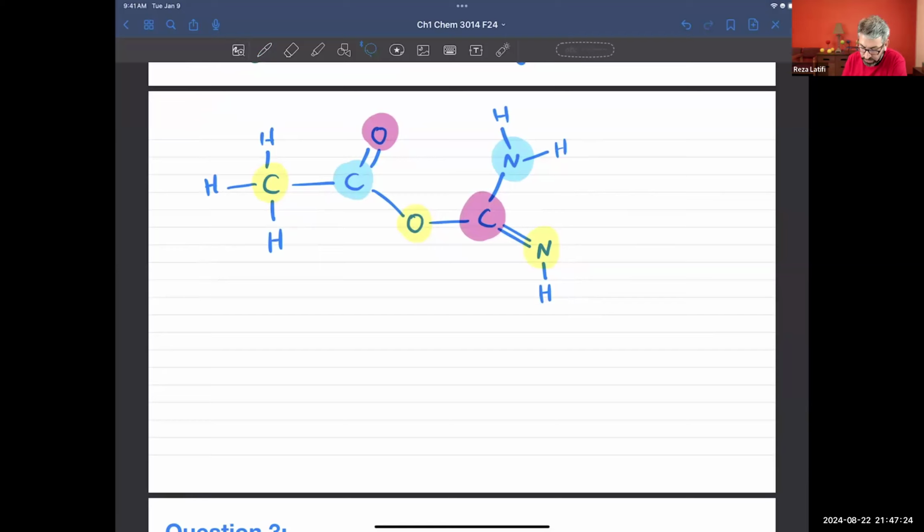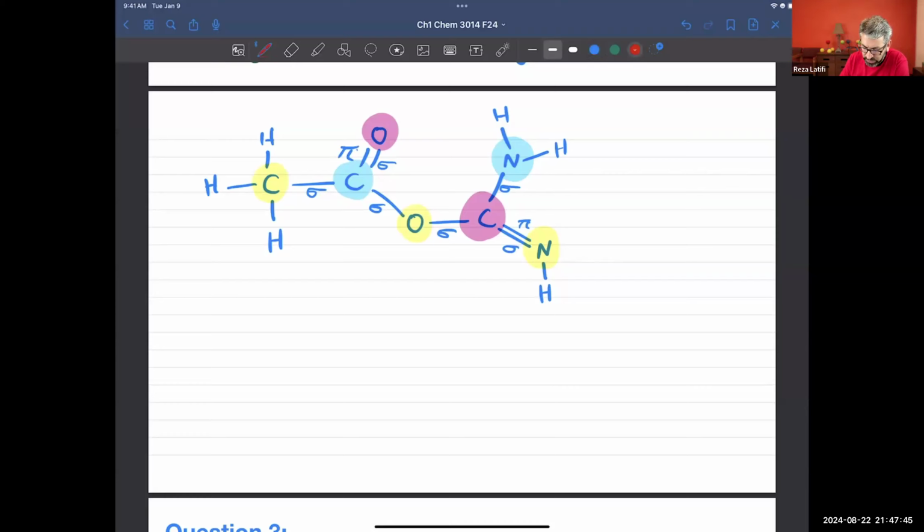How about the next carbon? Okay, next carbon. I see a sigma here. Sigma, that's pi, and this is sigma. So 3 sigma and 1 pi bond is exactly similar to this one. Okay, 3 sigma and 1 pi.